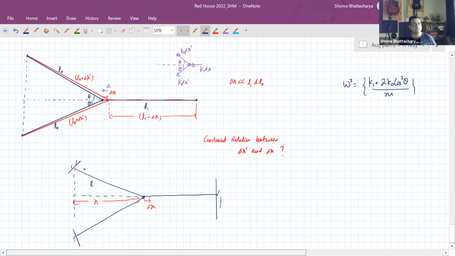And you take this distance as L. So this has become L plus delta x prime. You take this distance as h, which is a fixed distance. So one method is you can develop this: x square plus h square is equal to L square, where h is fixed, but x is changing to x plus delta x, and L is changing to L plus delta x prime. And this angle is theta.